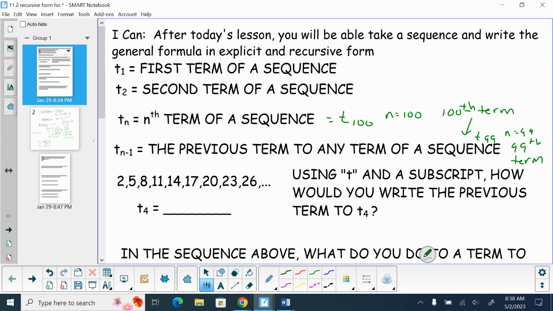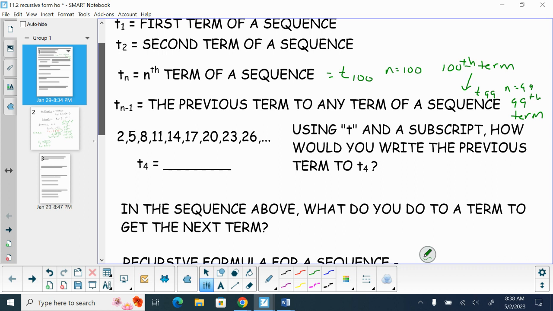So if we take a look at a sequence here, we have 2, 5, 8, 11, 14, 17. What's our fourth term here? Justin, what's our fourth term? 11. Yeah. n equals 1, 2, 3, and 4. That's my fourth term. But if I take a look at my previous term, the previous term to T4 would be which term number?